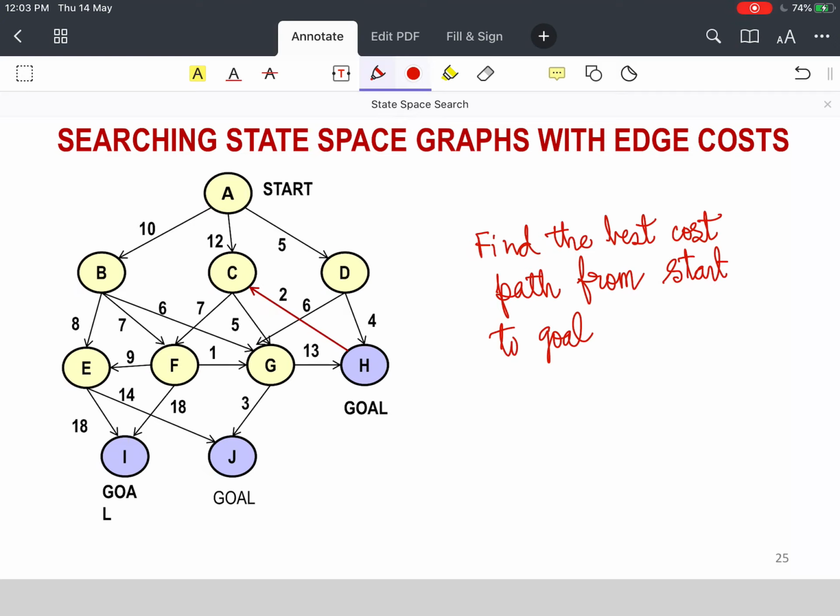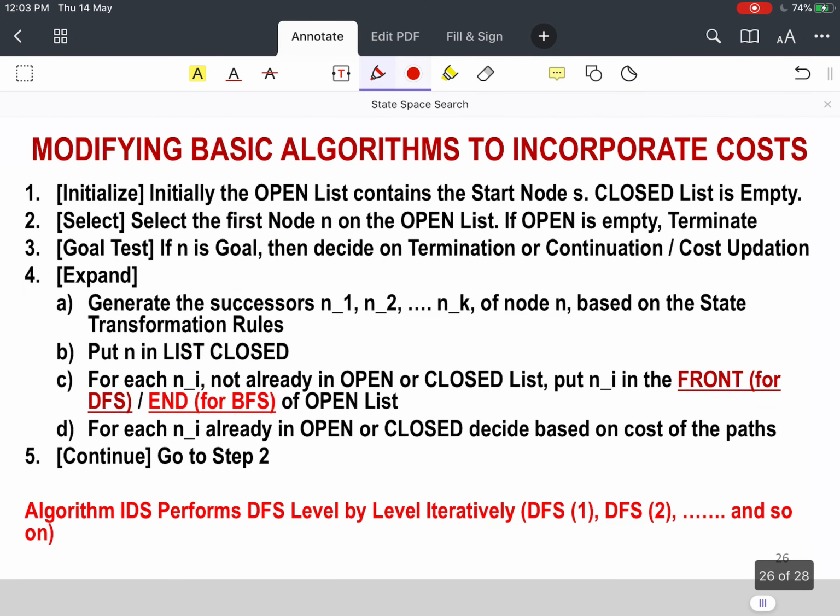Obviously, we really do not want to generate all the nodes. In the examples that we saw, depth first search did not generate all the nodes. However, breadth first search did. Iterative deepening also did not try to generate all the nodes, but it did in this case. And we shall see how we can avoid generating as many nodes as possible.